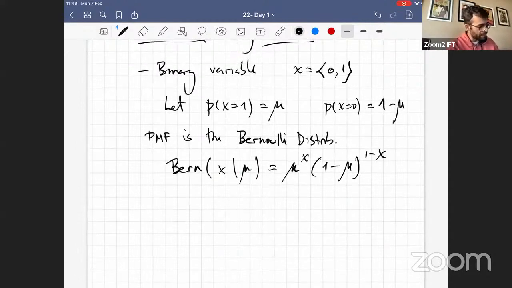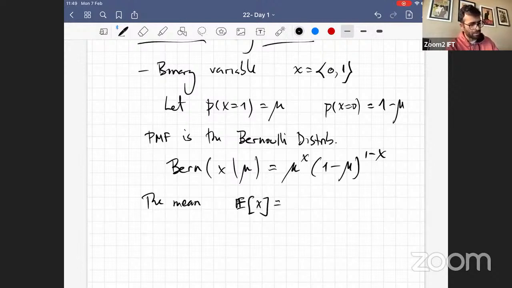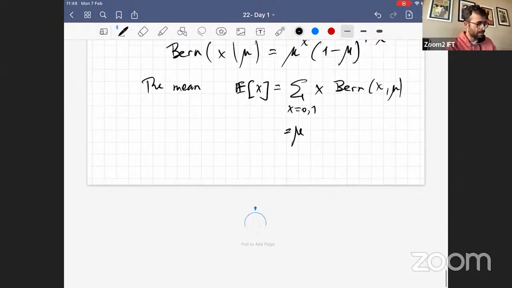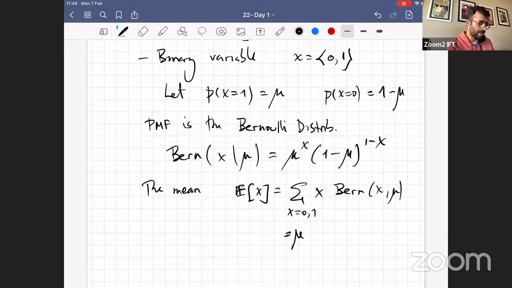So what is the mean of this? You know the result, but the way to compute it is you sum over all possible values of your random variable, and when you compute this, of course, you get mu.